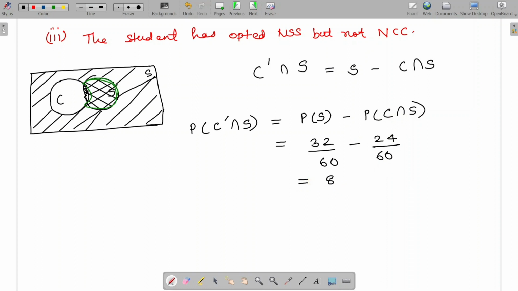So this will be 8 by 60, and if we cancel this, 4 2s are 8, 4 15s are 60, that means 2 by 15.